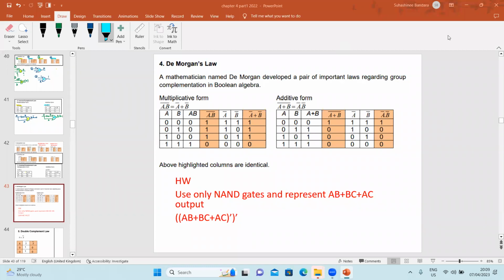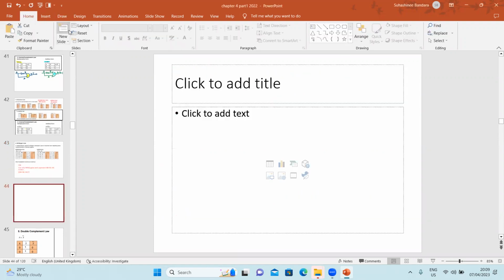Okay, the fourth law is a very important law, De Morgan's law. Now look, a mathematician named De Morgan developed a pair of laws regarding group complement in Boolean algebra. I'll tell a small story, then you will be able to understand.